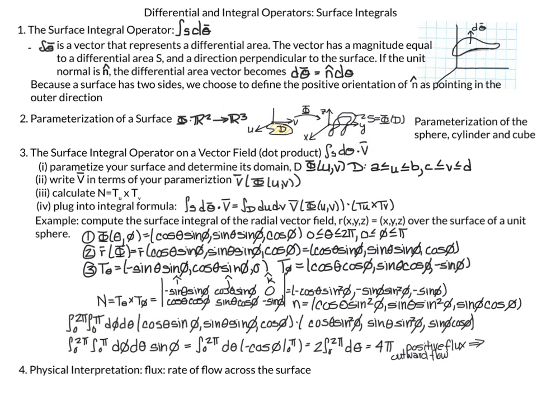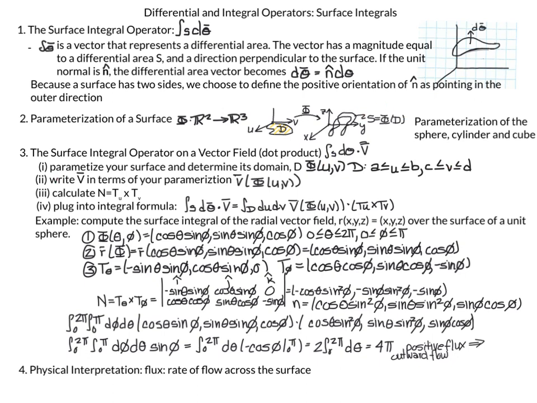Actually, I should put a line on top of my V since it's a vector. The steps to doing this integral are to first parameterize our surface and determine its domain, D. So here we're going to find this mapping, and so we have our domain D, which gives us our limits of integration, and then our mapping, which helps us determine our surface.